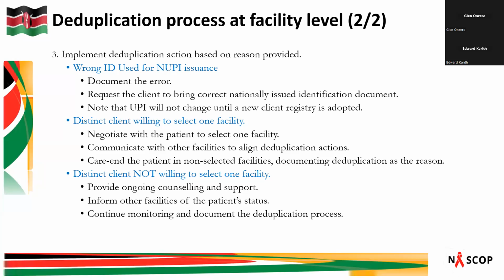Then, of course, documenting deduplication as the reason for care ending. Then for the third use case, which is a distinct client not willing to select one facility, the healthcare provider will provide ongoing support and counseling to the client, inform other facilities of the patient's status, and continue monitoring as you document the deduplication process.